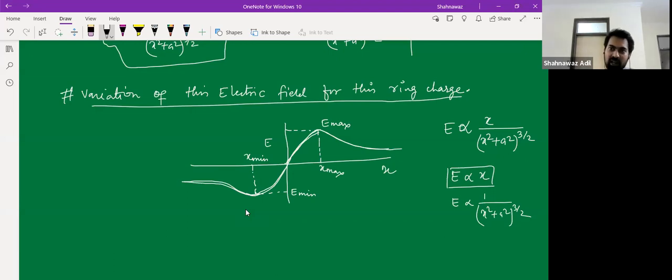So to check the maxima and minima, we do the second derivative, but we are only calculating the maximum and minimum value. So the first derivative will give you this point, right?